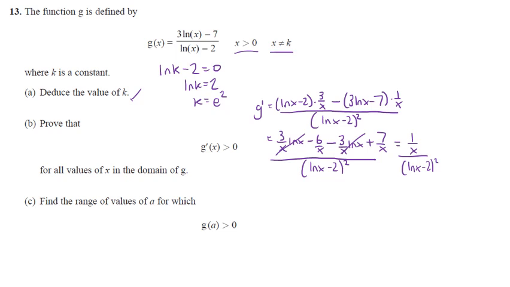Now the domain was x greater than 0. So if x is greater than 0, then 1 over x is greater than 0. Okay, so the numerator is always positive, and that term is also positive because a square is always positive.